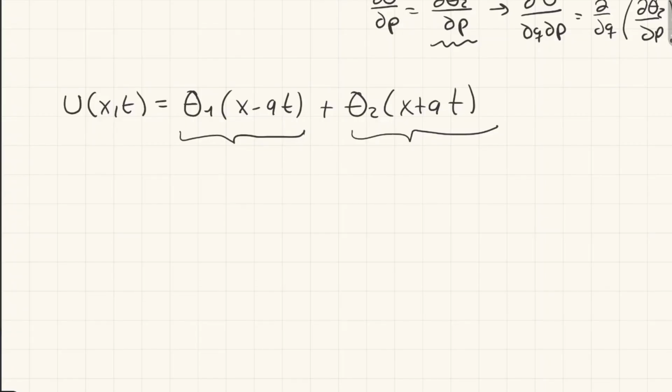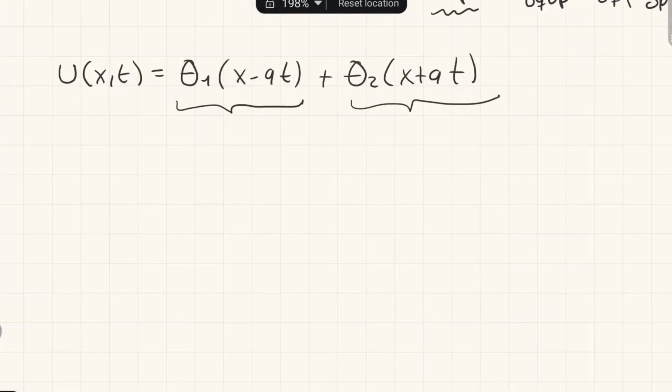But how can we see that? Well, we can think that if a wave is moving to the right, its velocity is equal to plus a, right? Recall that the a variable is the velocity of the wave.